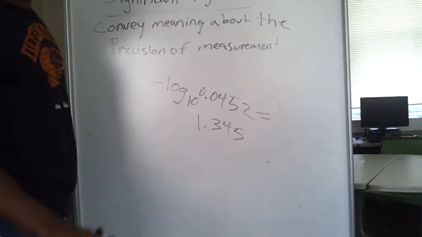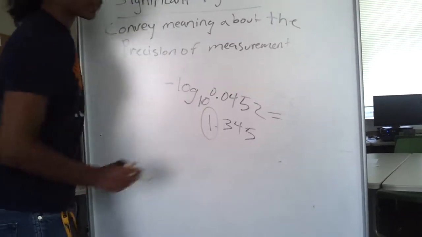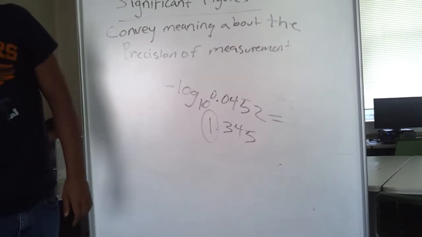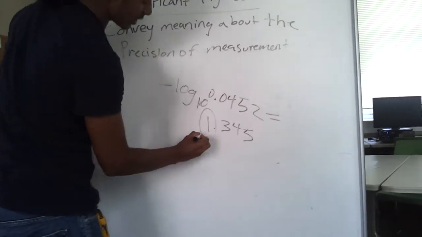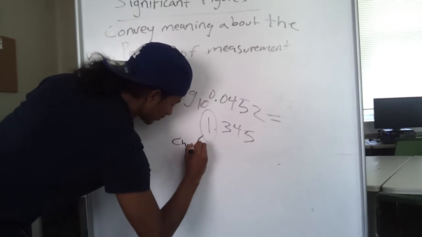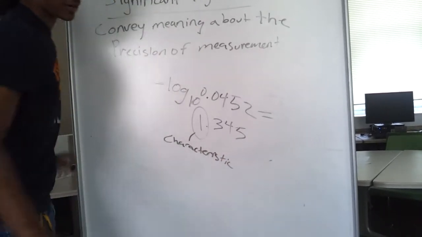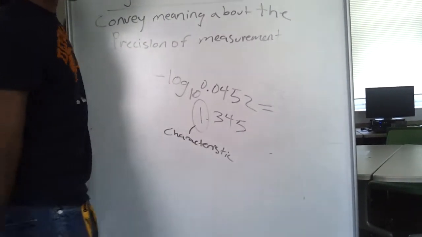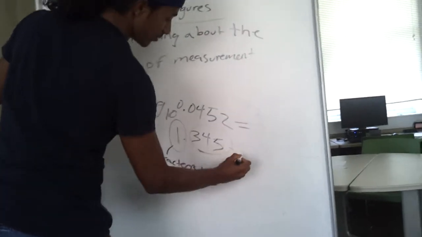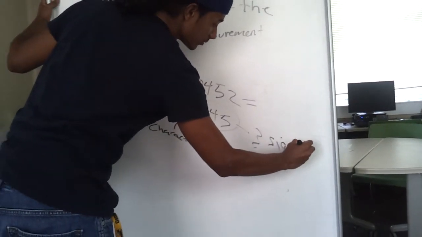Now, working with logs or exponential functions, this first number will not be counted. This can also be called the characteristic. So 3, 4, 5 are considered significant figures, so you would have 3 significant figures.